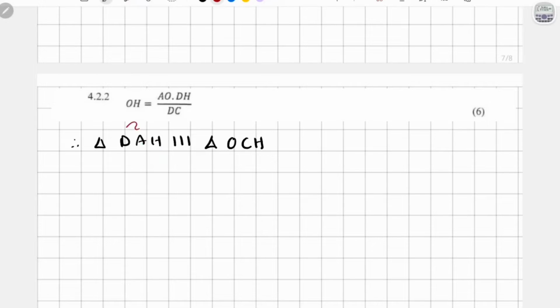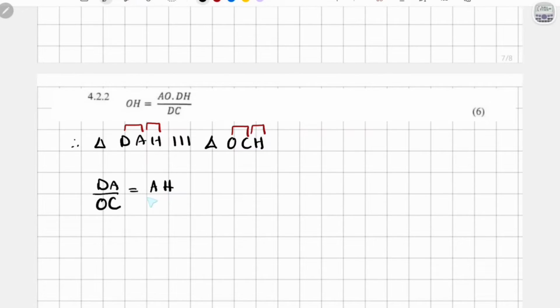So what we can do here is say, see DA, that we can put over OC. You see first and second letter, first and second letter. It means they're in proportion in this way. So DA over OC is equal to AH over CH as well, second and third letter in both triangles.